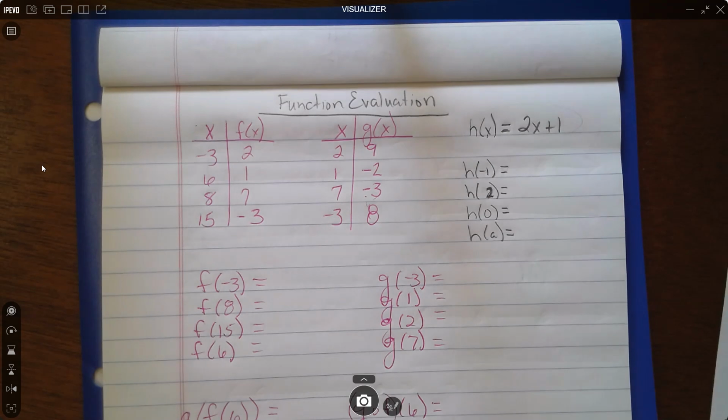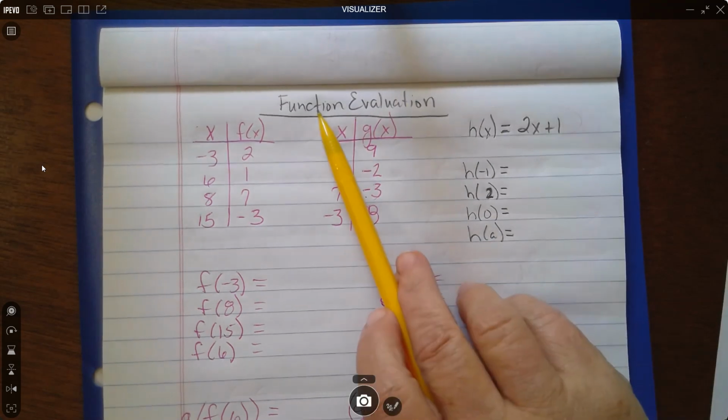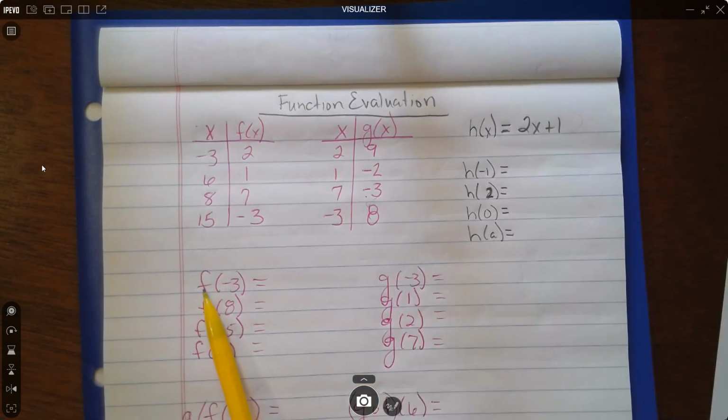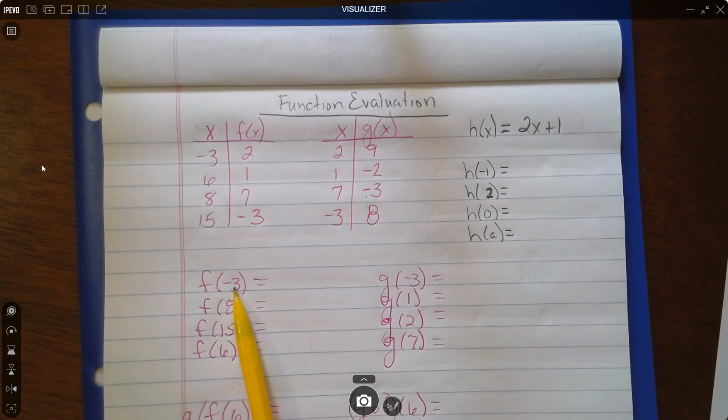If I want you to evaluate the function, I'm going to give you which function I'm talking about, and then I'm going to put a number in the parentheses. And when you see this right here, that's just me asking you, what's the y value of the f function when the x value is -3?